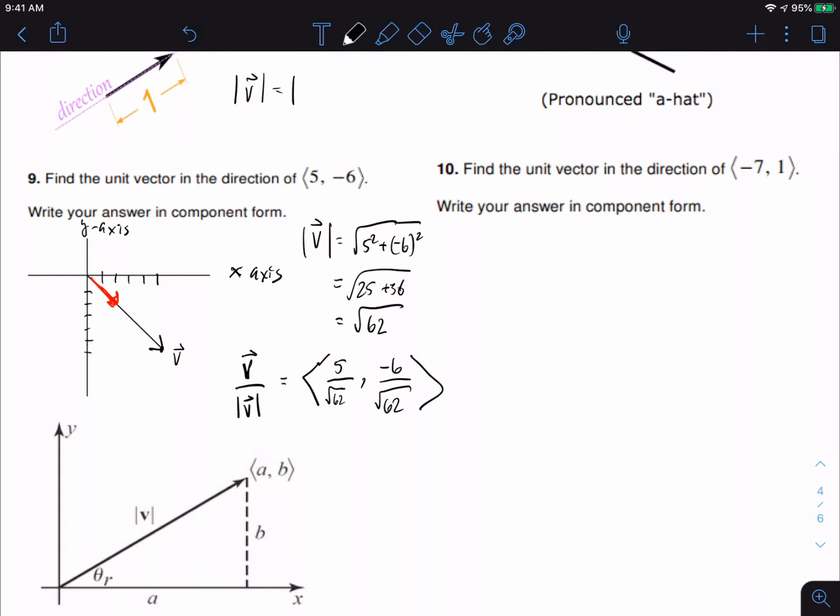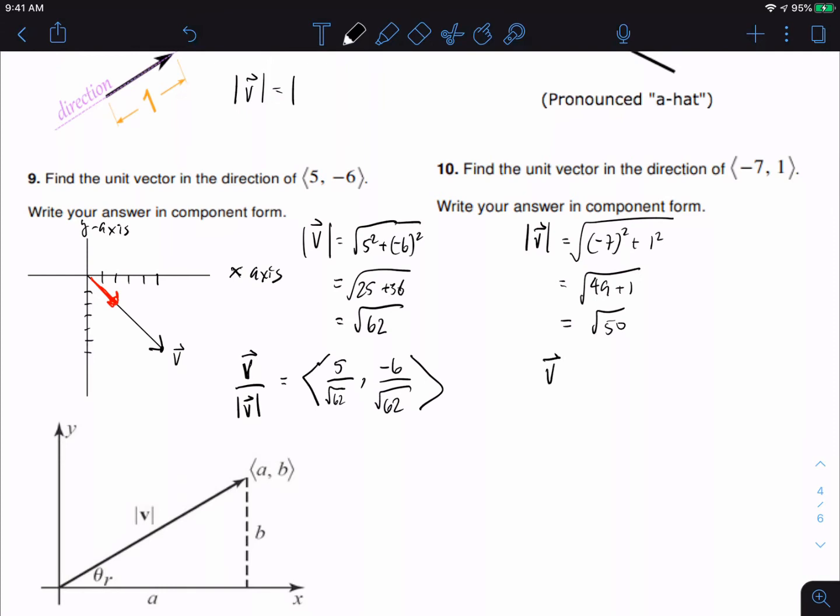Okay. Let me do number 10. And on number 10 then, if we want to find the unit vector, I don't need to show you the graph, I'll just do it for you. So what's going to happen is I need to find what the magnitude is, right? So the magnitude is going to be the square root of negative 7 squared plus 1 squared, which will be 49 plus 1, which will give me a magnitude of the square root of 50, right?